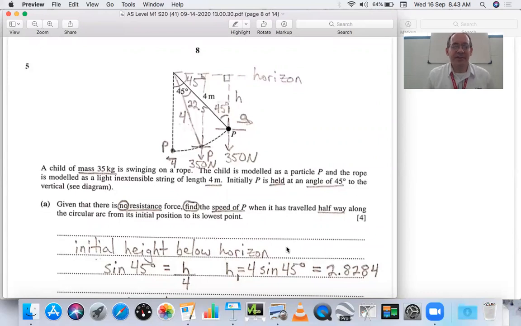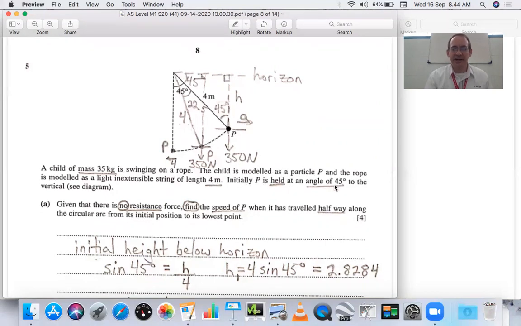Here we have this interesting diagram. It's a child of mass 35 kilograms that's swinging on a rope, and the child is modeled by particle P. So here's the child at the end of this rope, swinging in this circular pathway from this center point up here. And the rope is 4 meters long.